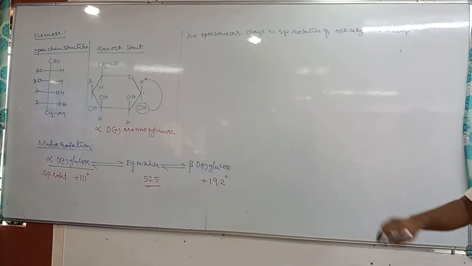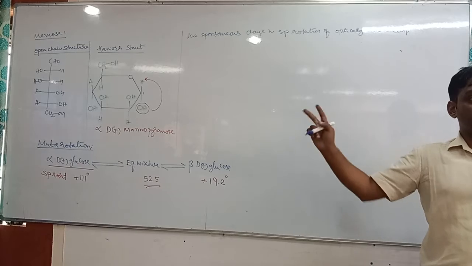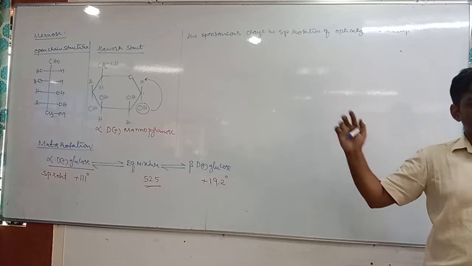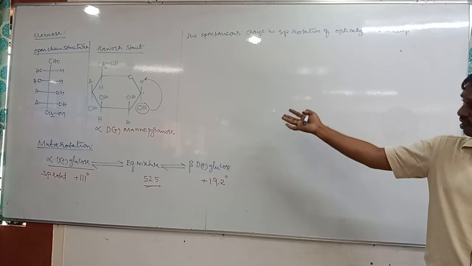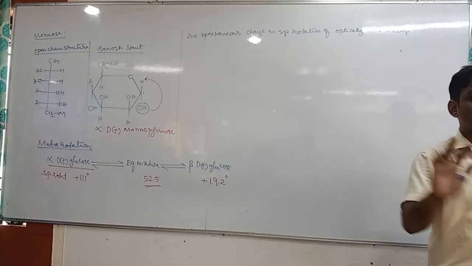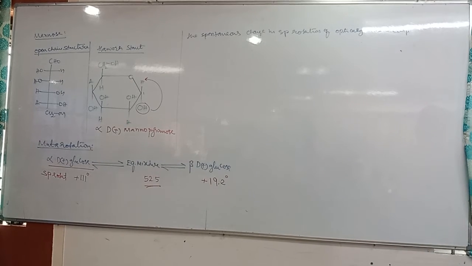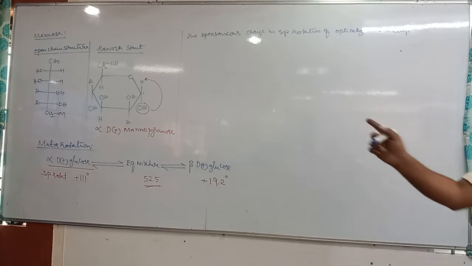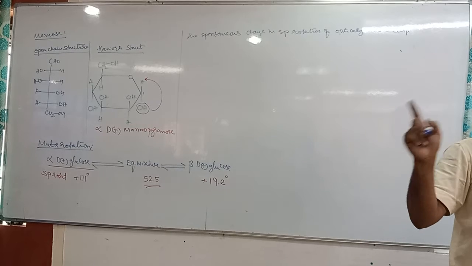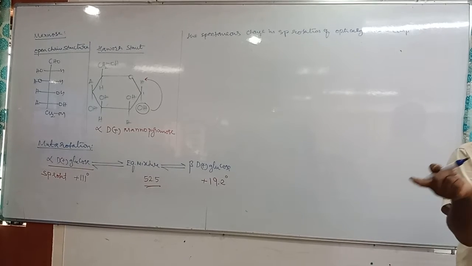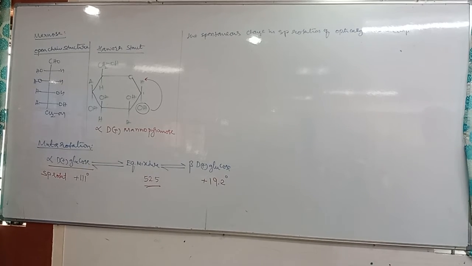Whereas glucose has two forms, fructose has alpha fructose and beta fructose, and maltose, lactose, even mannose, etcetera, have two forms, alpha and beta. Wherever you get alpha and beta, those are anomers. So whichever carbohydrate has anomers can show mutarotation. If any carbohydrate has no anomers, it cannot show mutarotation.